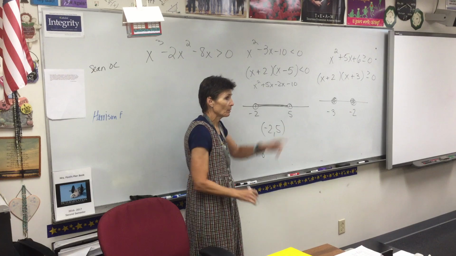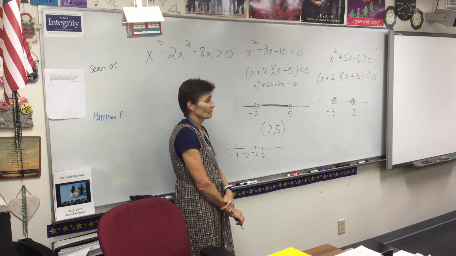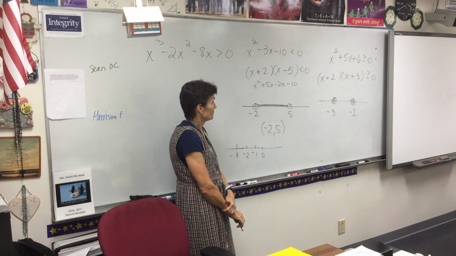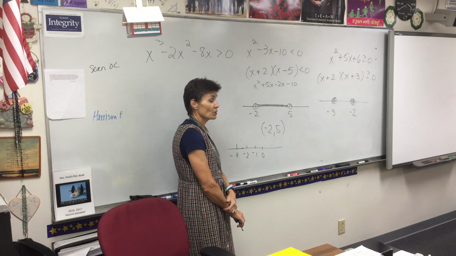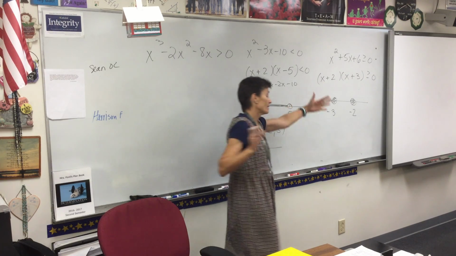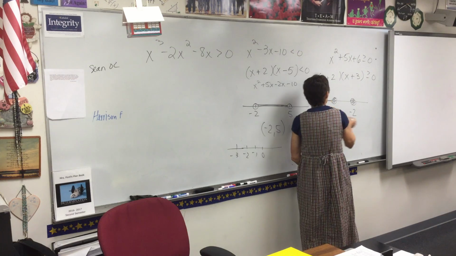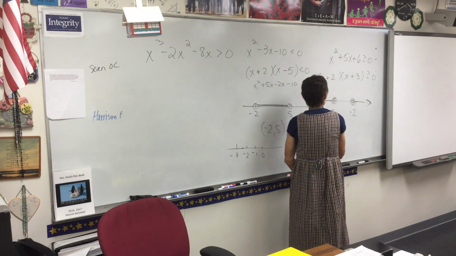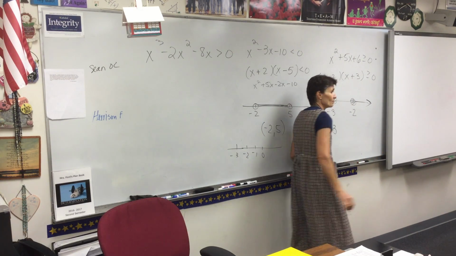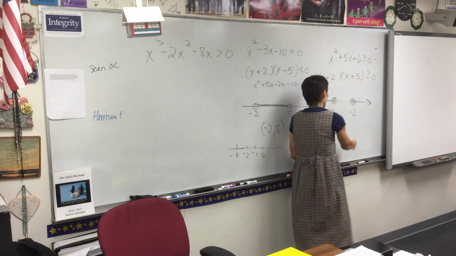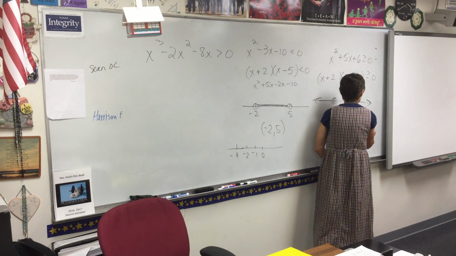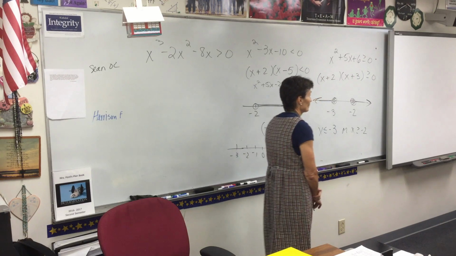So that's how you gotta put them on there. Where's it shaded? Outside, the big parts out here. So our answer is everything less than or equal to -3, or everything greater than or equal to -2.